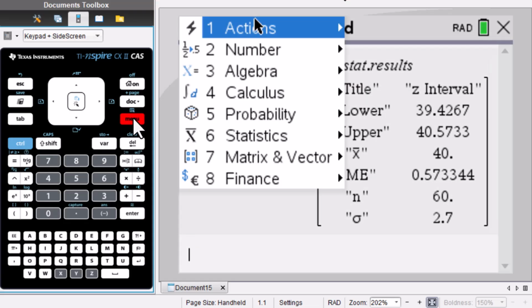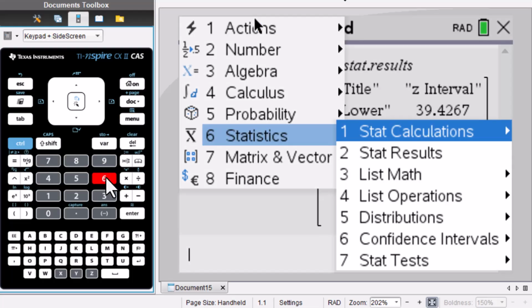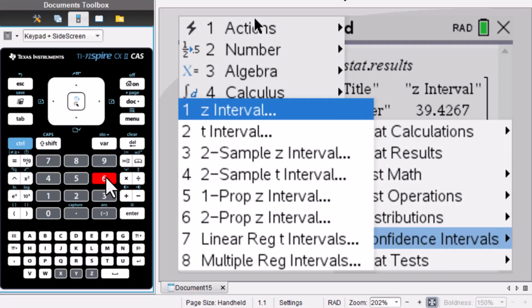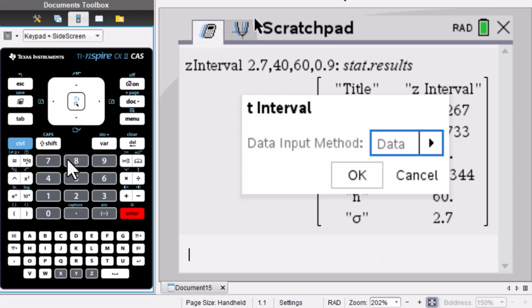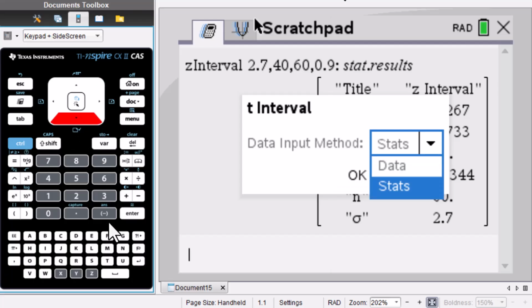Go to menu, 6. This time T interval, because population standard deviation sigma is unknown. We are not given data. We are given stats.